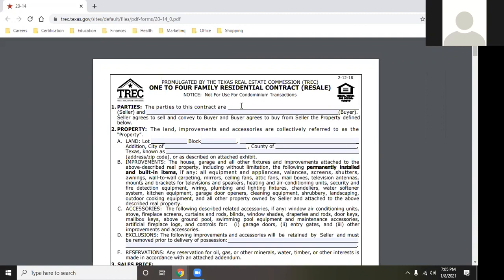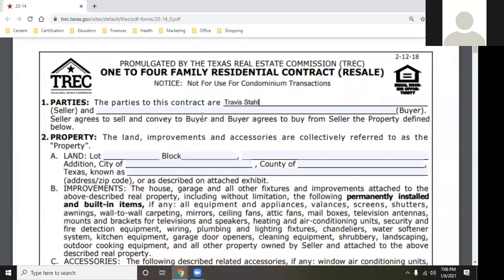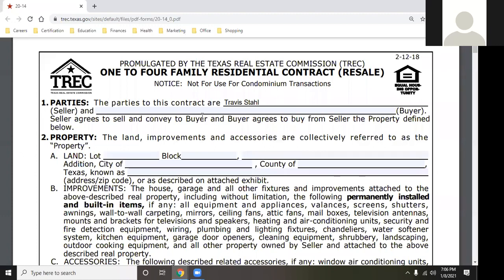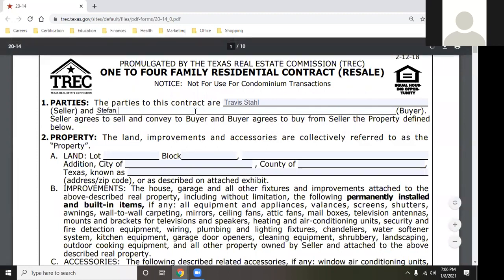Now, say for example, in this situation, let's just say that Mr. Travis is selling his property, and he's going to sell it to Mr. Stephen Grossman.